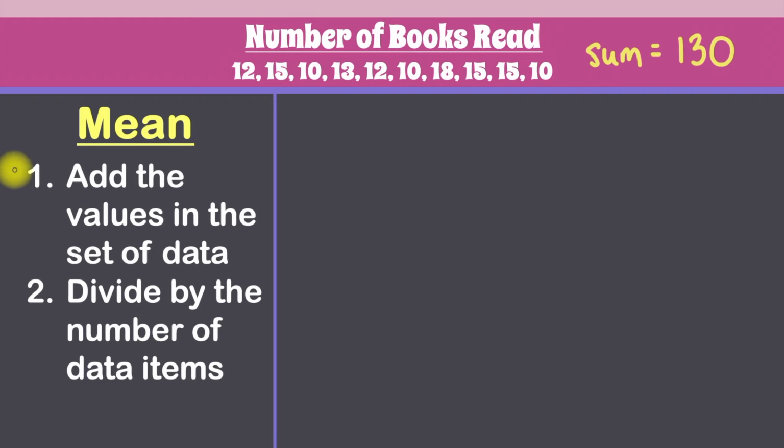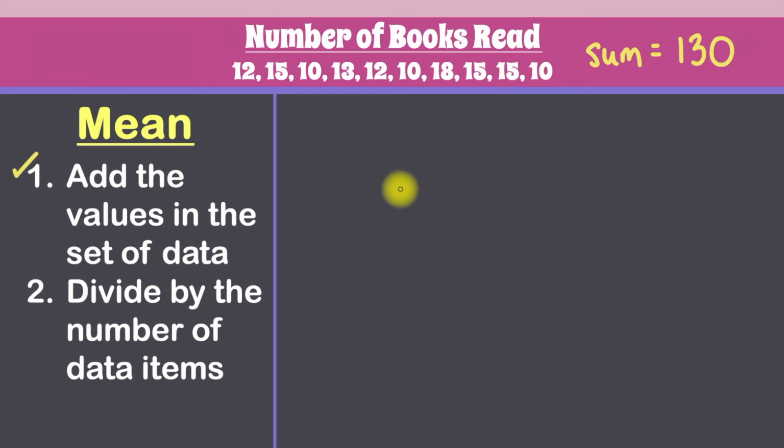So we finished step 1 and found that the sum of our data was 130. Step 2 is to divide that sum by the number of data items we have. And how many items do we have in our set of data? Well, we've got 1, 2, 3, 4, 5, 6, 7, 8, 9, 10.